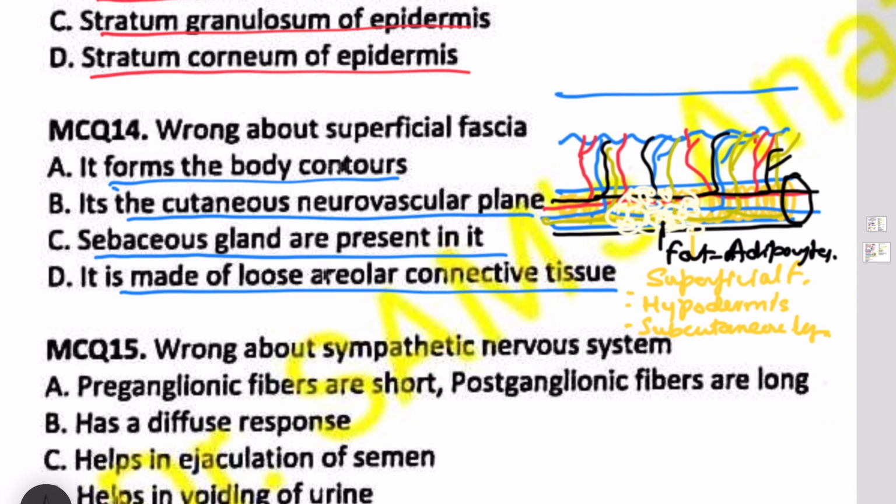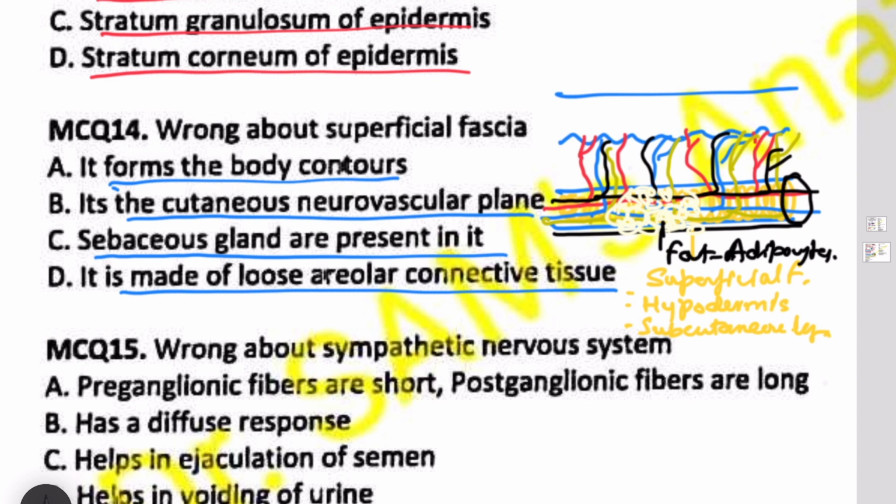This subcutaneous fat has different functions. One important function is that it acts as an insulator. It doesn't provide heat, it prevents the loss of heat. Then it provides body contours, like the shape of the body, especially in the secondary sexual characters.